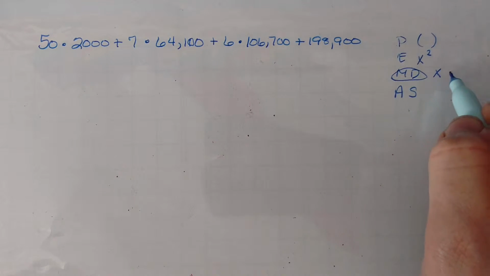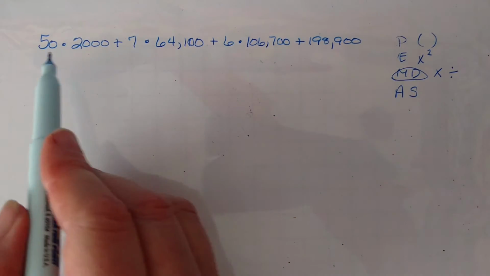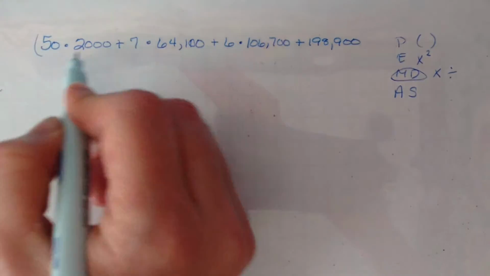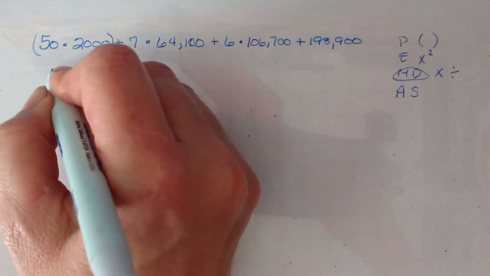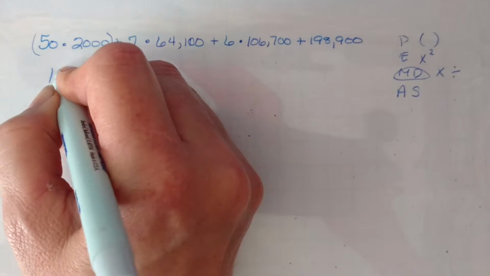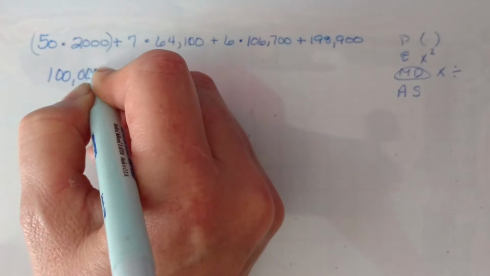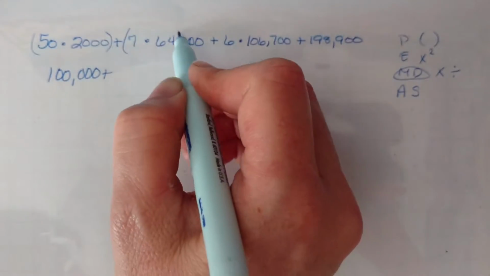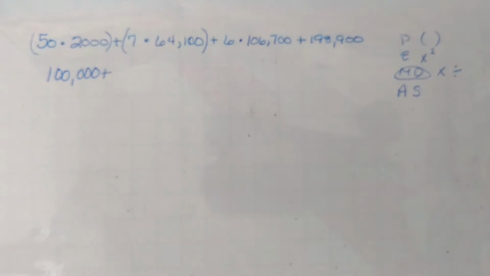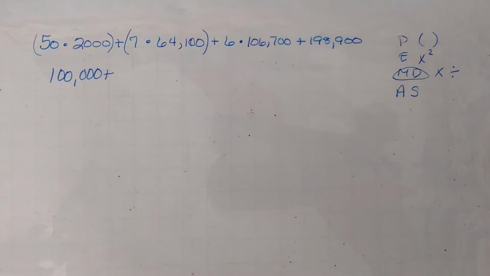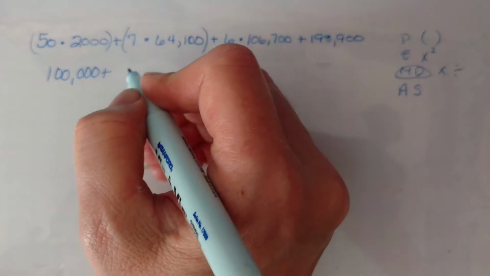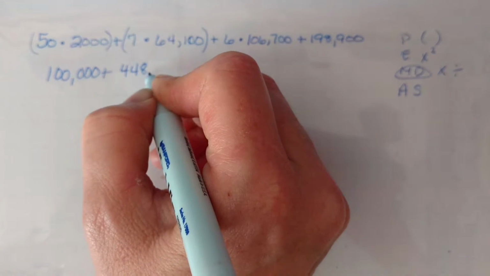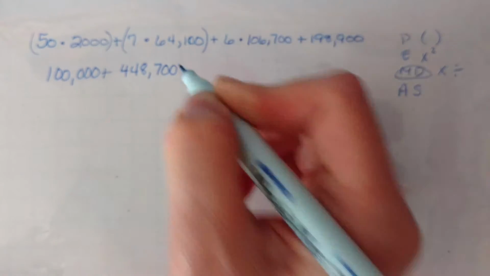So here's where we're at. We need to either multiply or divide, whatever we see first. The first thing we see here is a multiplication problem. So I'm going to take this 50 times 2,000, which gives me 100,000. Now I'm just going to bring down my plus, and the next thing I see is 7 times 64,100, which gives me 448,700.